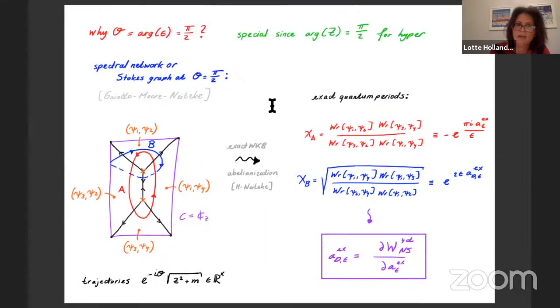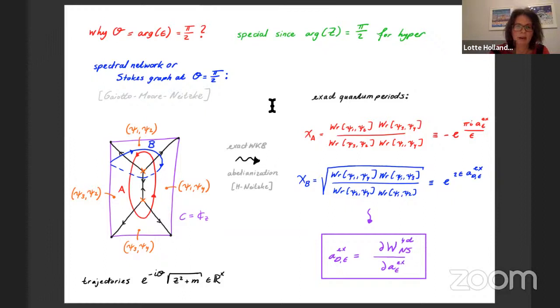So why do we need to consider theta equal to pi over 2? Well, note that this phase is a very special phase because we were considering the A2 theory corresponding to a massive hypermultiplet, and pi over 2 is exactly the argument of the central charge of this hypermultiplet. One way to visualize that is through a spectral network.